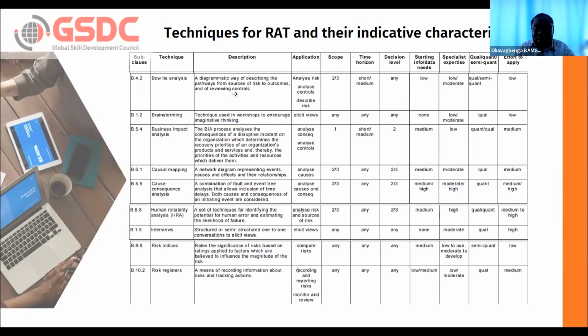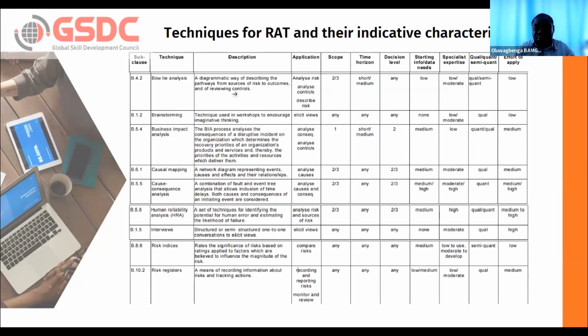So it's largely used for recording and reporting risk, and when you want to monitor and review risk: what is the status of the risk, who is doing what, and what do we need to do. Then from there, you can go into further assessment and analysis as the case may be.